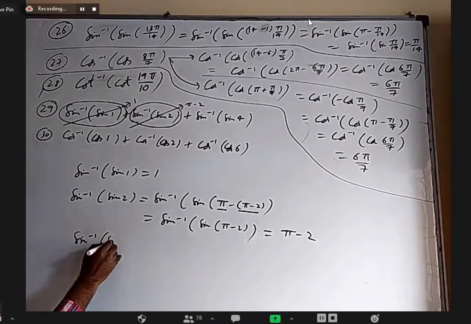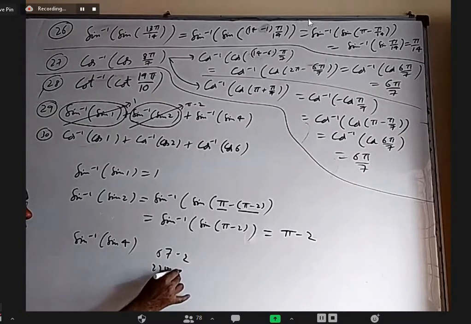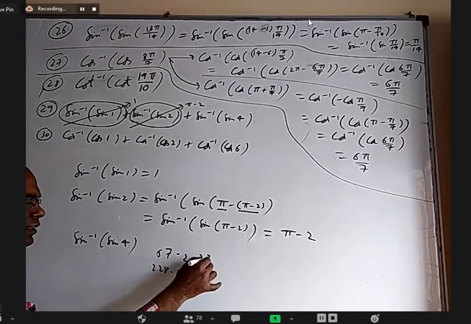Sine inverse sine 4. Roughly in degrees, how much will it be? 228.8. 57.2 roughly, so if you multiply with 4, 228.8. Let us take 229 or 230 degrees, not a big deal.